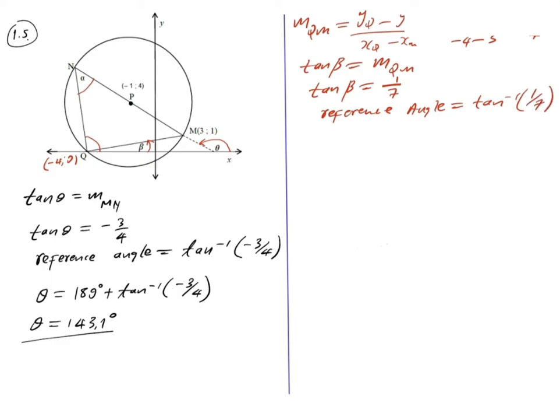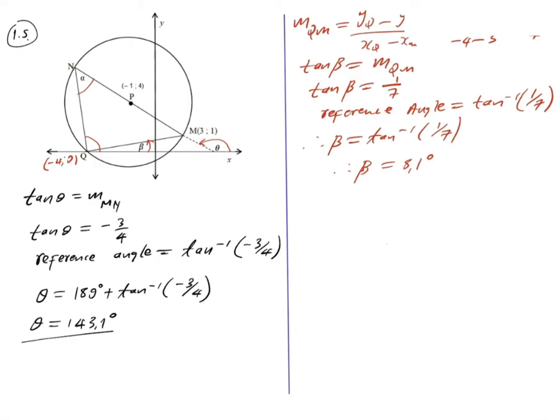Now, this answer is going to be positive. Therefore, beta is just going to be shift tan 1 over 7. Beta is, now when you click shift tan 1 over 7, the answer that you get here is 8.1 degrees.